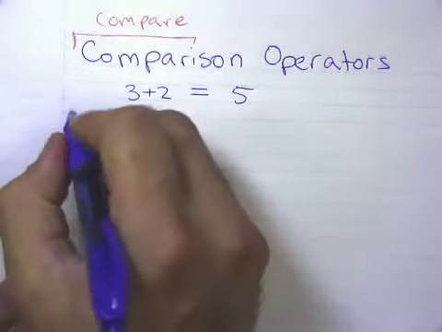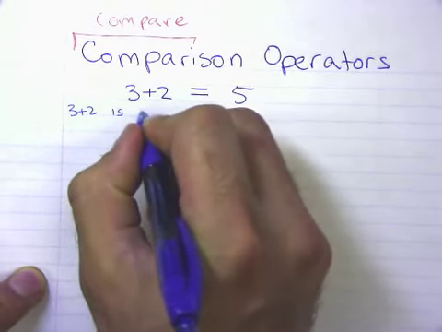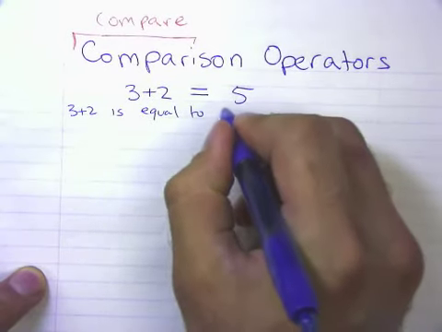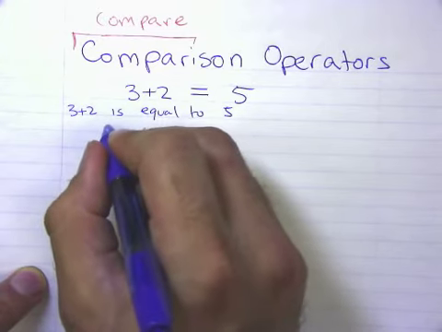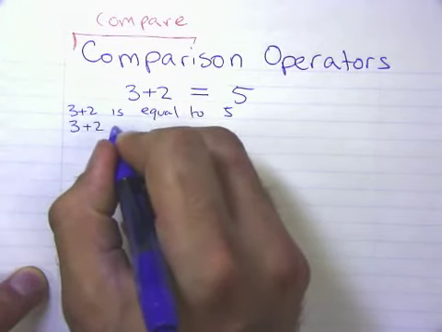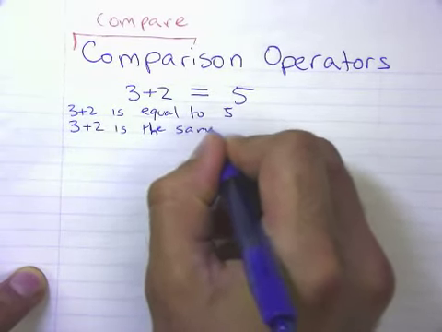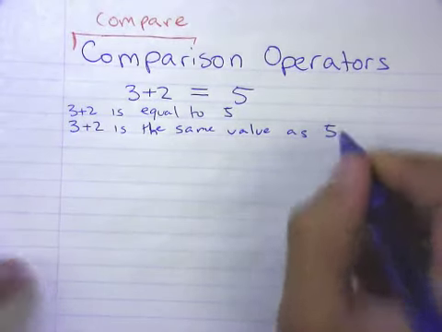So this obviously means that 3 plus 2 is equal to 5, and that means the two values have the same value. So we can say 3 plus 2 is the same value as 5.